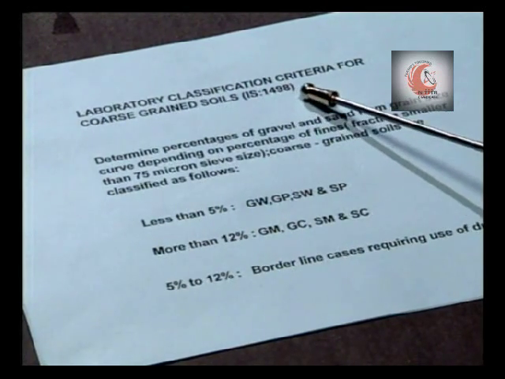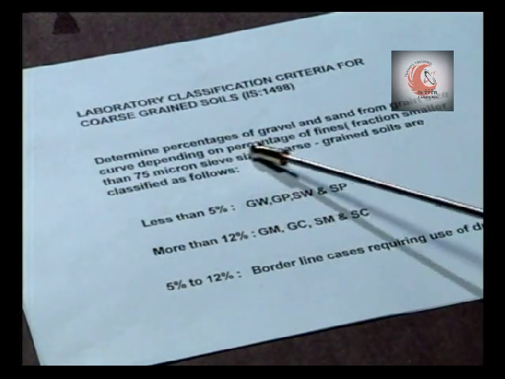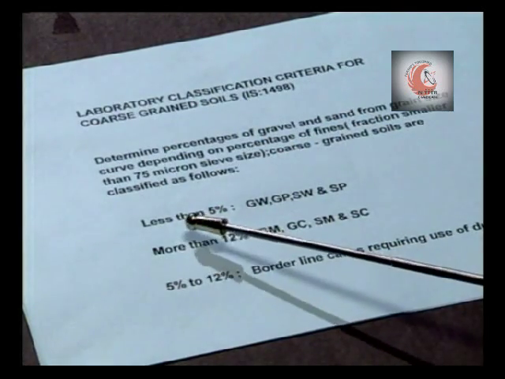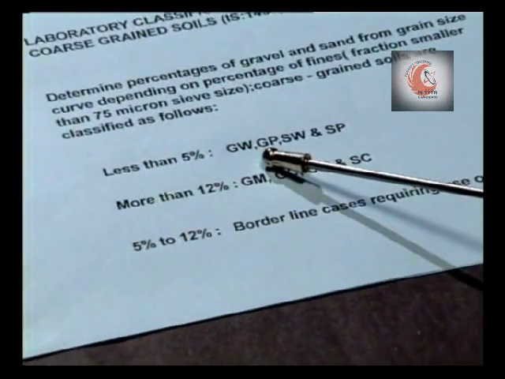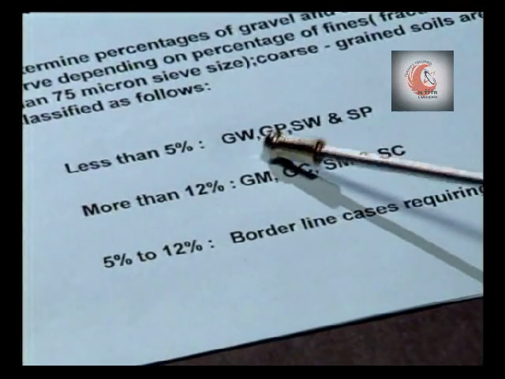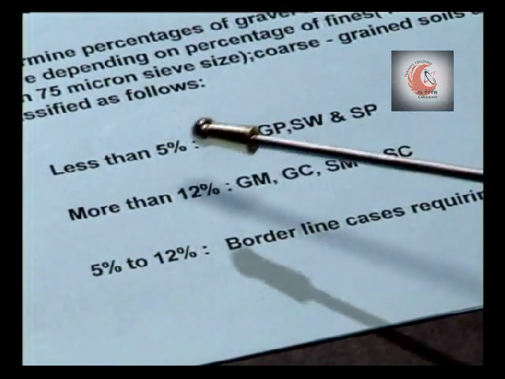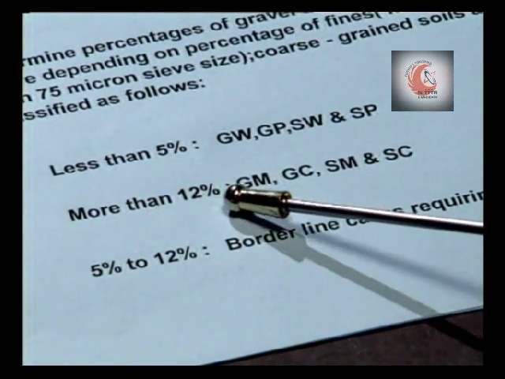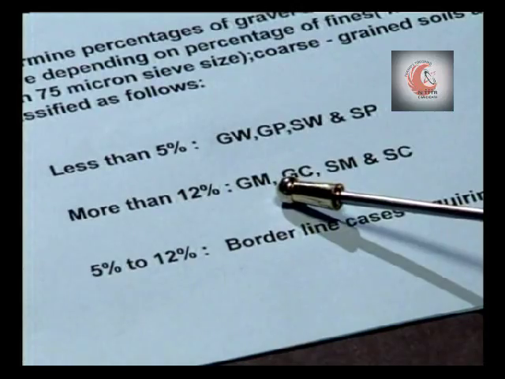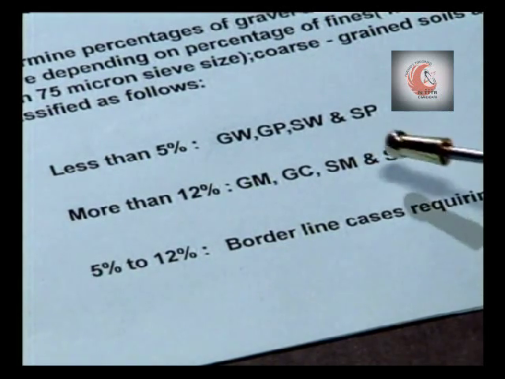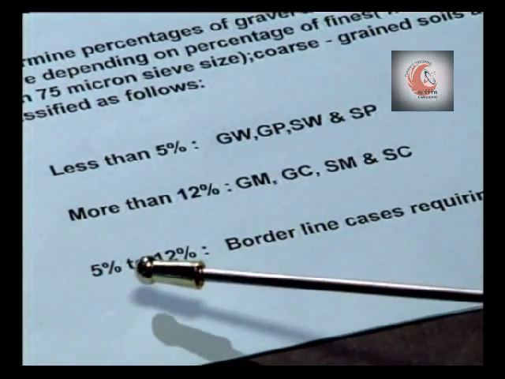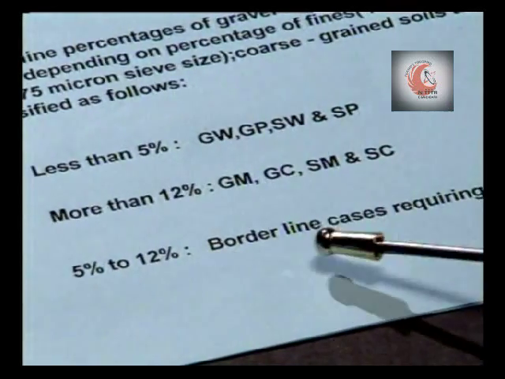Now for classification of soil, we refer to the table given in IS code 1498. Determine percentage of fines. If it is less than 5%, then classification of soil will be GW, GP, SW and SP, and if percentage of fine is more than 12%, then it will be GM, GC, SM and SC, and if it is between 5 to 12%, then borderline cases will require dual symbols.